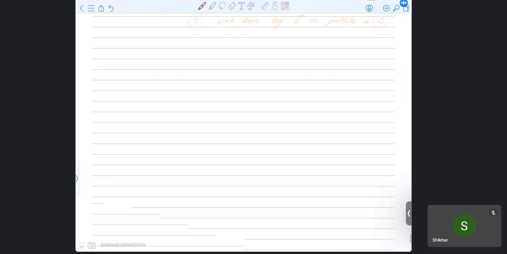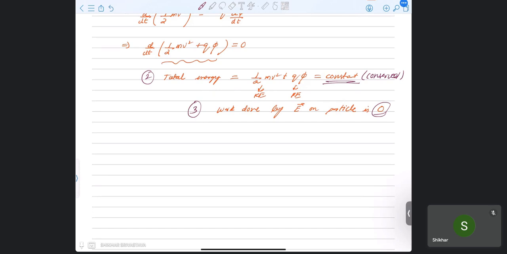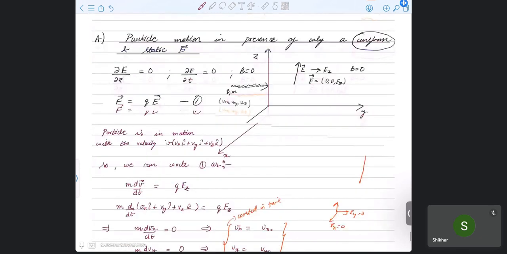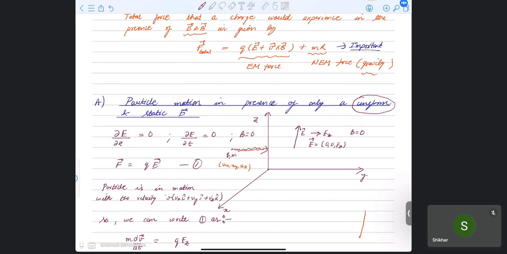I will just write it here: linear motion of the particle in the direction of, or opposite to the direction of, the field. If it is an ion it will move in the direction of the field; if it is an electron it will move in the opposite direction. So linear motion. These three are important points for a charge in a uniform electric field.